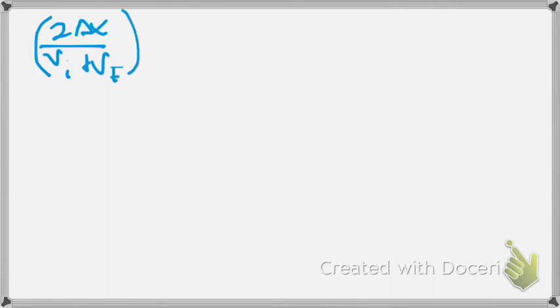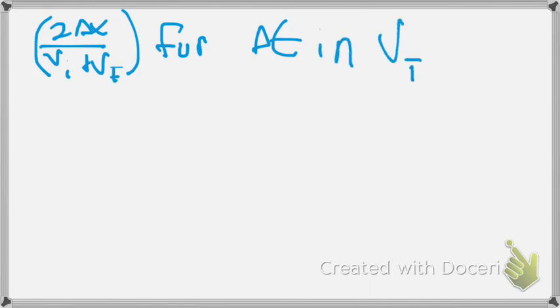Next, we're going to sub in that 2 change in x over velocity initial plus velocity final for change in time in the expression velocity final is equal to velocity initial plus acceleration times change in time.